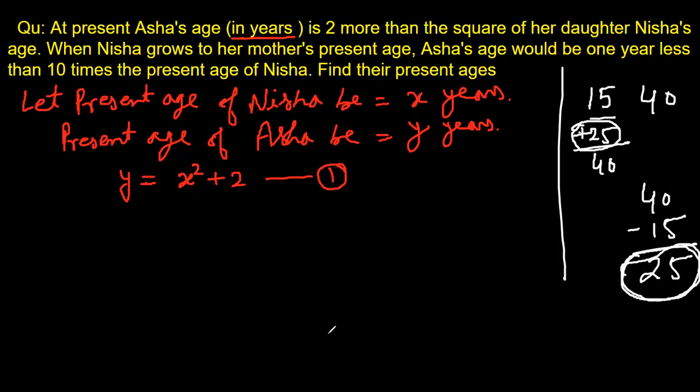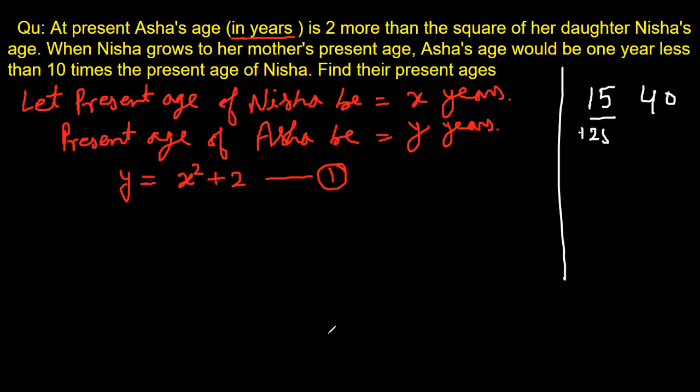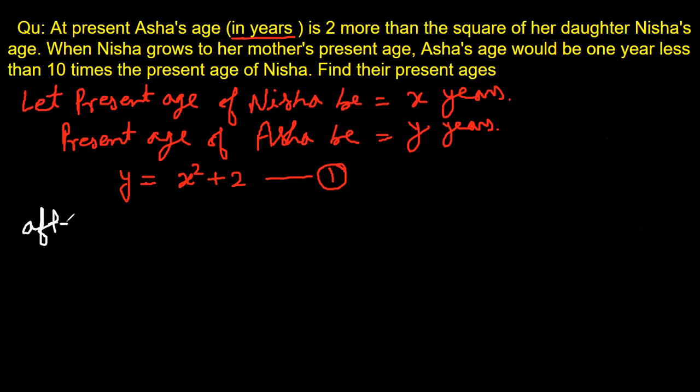So that's what we are going to write, we are going to use this basic information to get the second equation. So after how many years? We are talking about y minus x, the difference between the ages of mother and daughter.